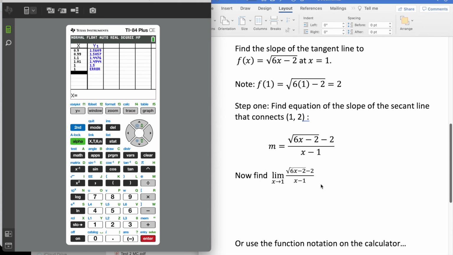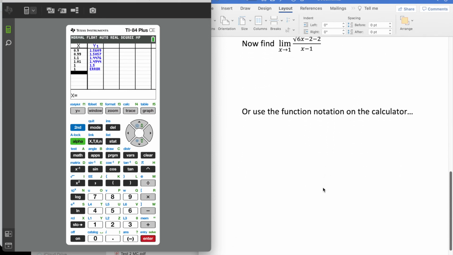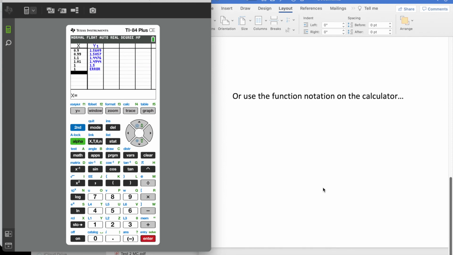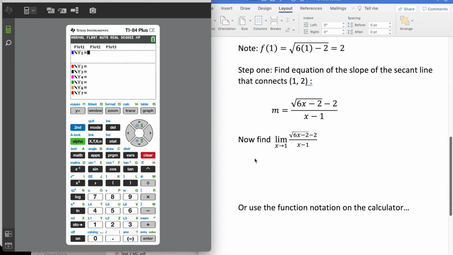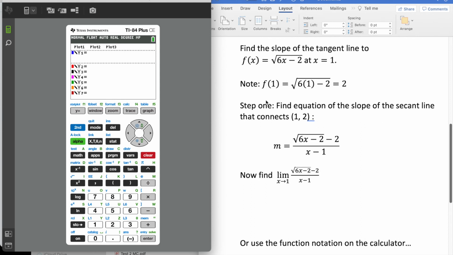Now I'm going to show you a more complicated way to do this by using the function notation on the calculator. Let's go back in here, and I'm going to clear this out and plug in the regular function that I was interested in, the thing right at the top, the square root of 6x minus 2.